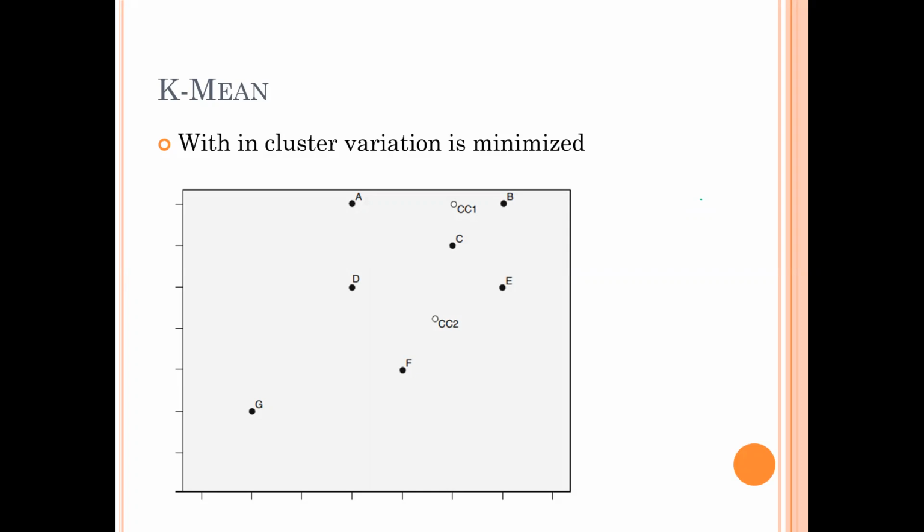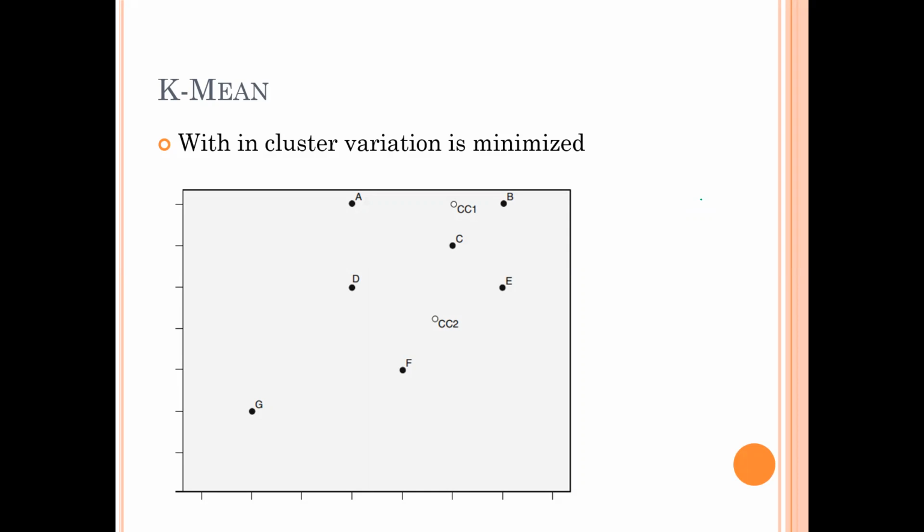That means each observation will be a k-dimensional vector. But here I have only two variables, like brand awareness and price sensitivity, remember. So I have a two-dimensional space, and I plotted them.